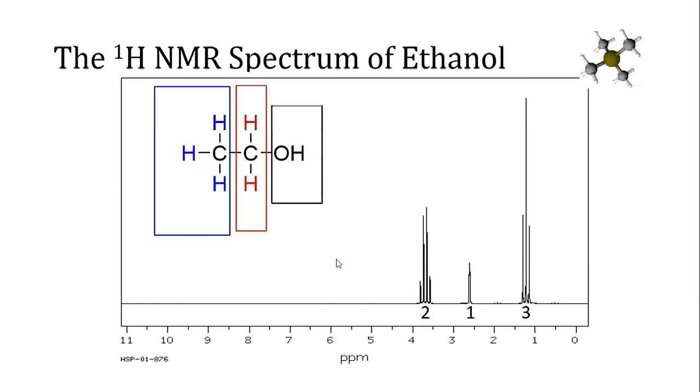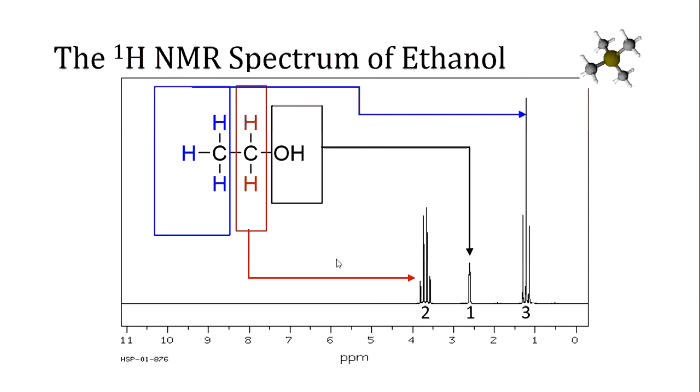So here's our NMR spectrum of ethanol, and while I mentioned earlier that we can probably assign which peaks go with which hydrogen atoms in the structure based on the fact that the 3 peaks have 3 different integration numbers and we can count up the colored hydrogen atoms, we can also now better assign the peaks based on our understanding of chemical shift.